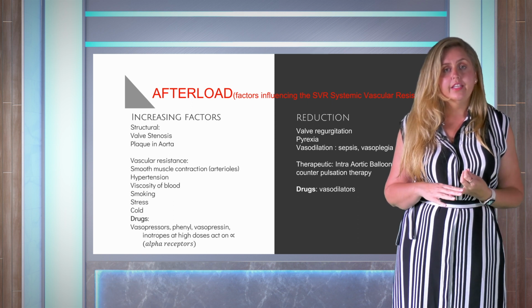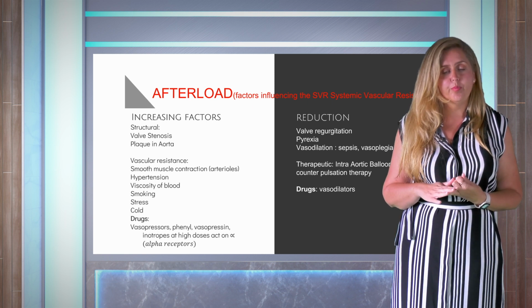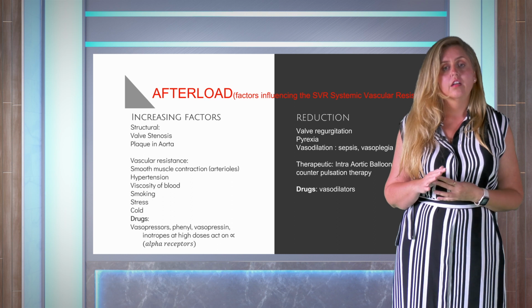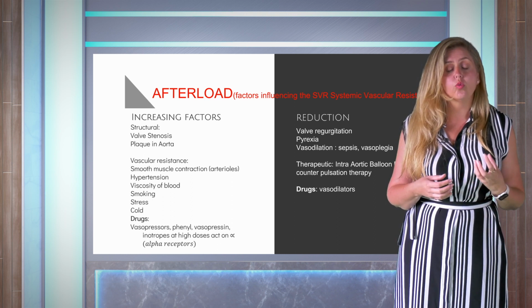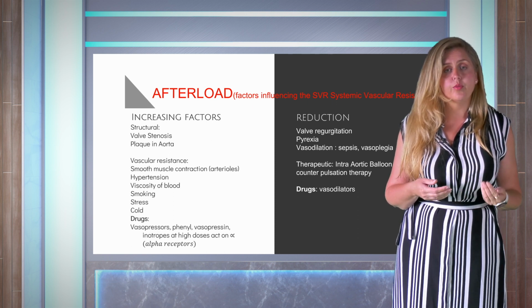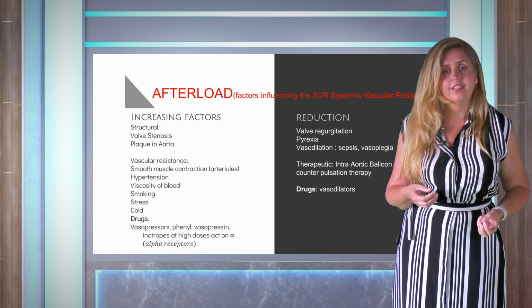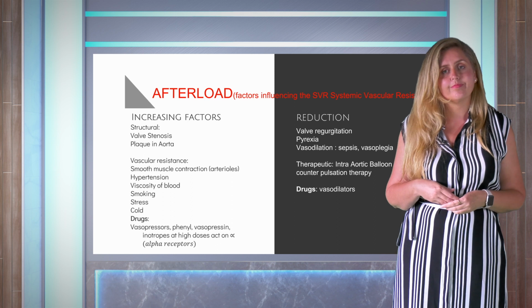And drugs that we give that work on increasing afterload are vasopressors, phenylephrine, vasopressin. Some of our inotropes at high doses also act on our alpha-adrenergic receptors, and that will increase our blood pressure, increasing our SVR, increasing our afterload.